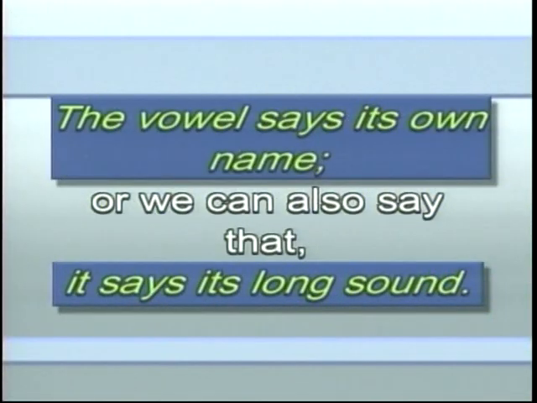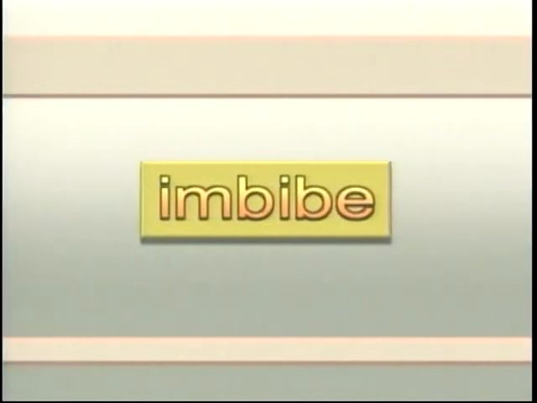That means the vowel says its own name, or we can also say that it says its long sound. Can we pronounce then imbib instead of imbibe? Certainly no. The silent E makes the vowel I say its long sound, or we can also say its own name. Say these words after me now.